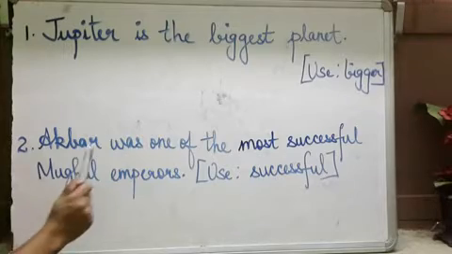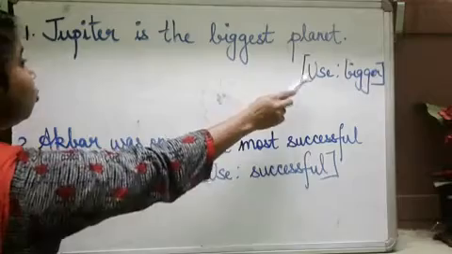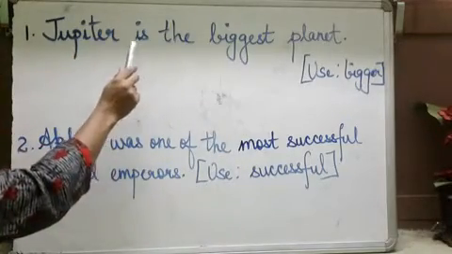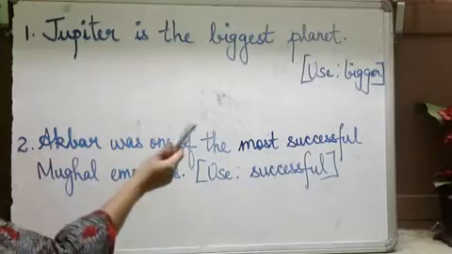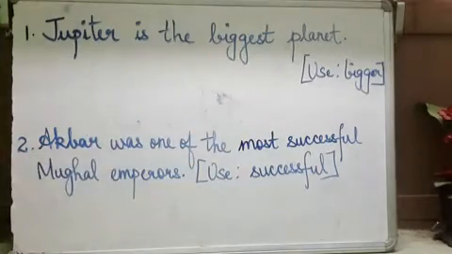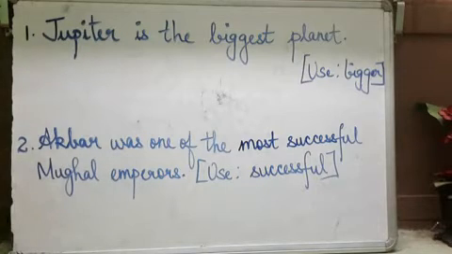They have asked us to use bigger in this sentence. So biggest will change into bigger. When you change biggest into bigger, what degree is it? Comparative degree. So for this first type, you have to change this into comparative.